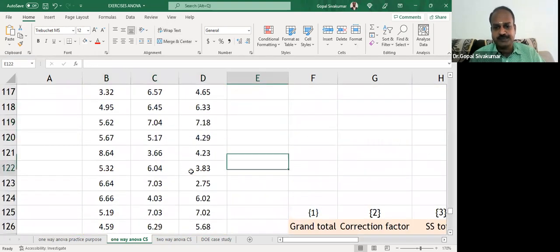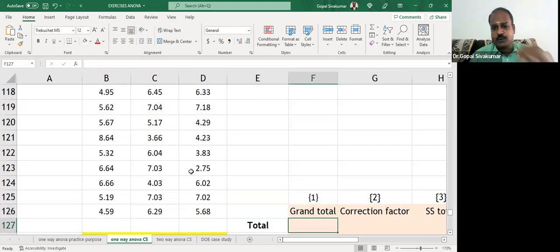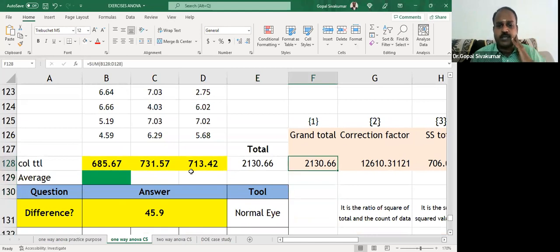And now see here, grand total. What is grand total? Add all the three total. See here, summation of the 685, 731 and 713. Now correction factor.